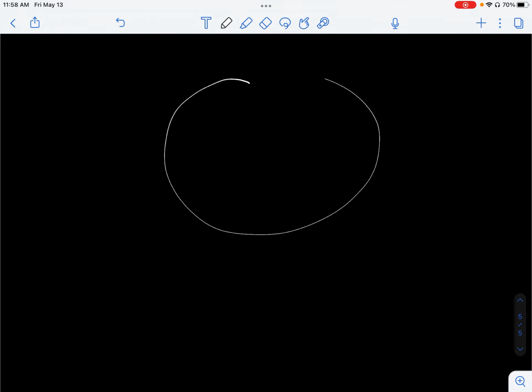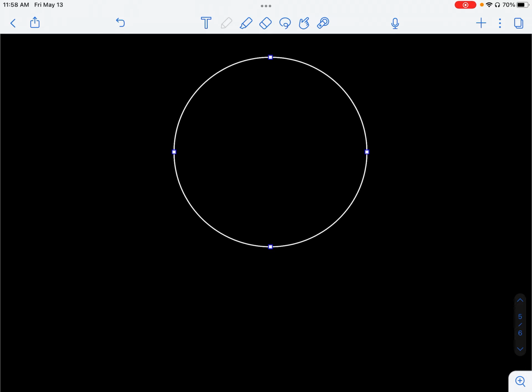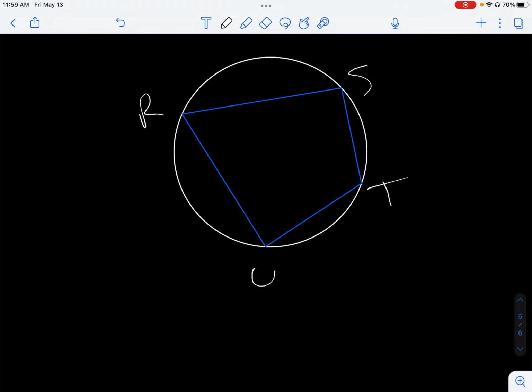Let's do another one that's a little more involved. All right, get our circle going. Get our quadrilateral. Actually, let's make that a little better line. There we go. Let's name it RSTU.